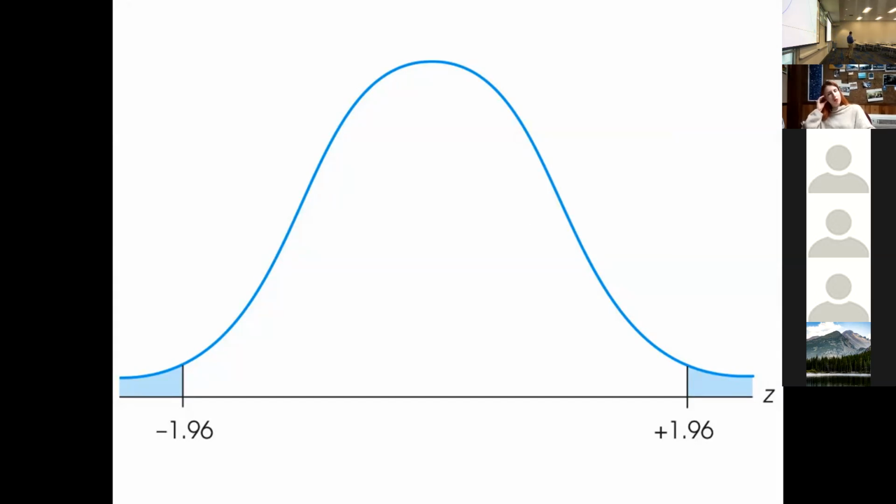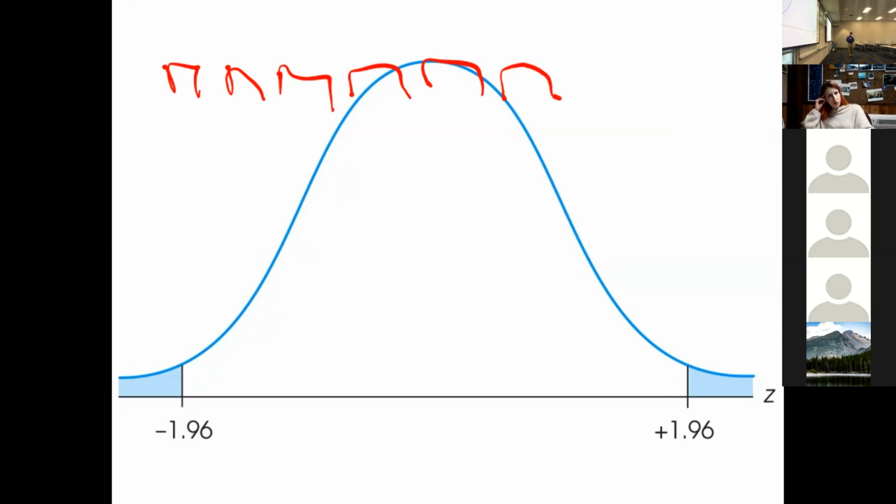So let's say we had 10 participants, and let me just draw 10 here. 1, 2, 3, 4, 5, 6, 7, 8, 9, 10. And now let me go ahead and fill them in. So we have 5 for condition A and 5 for condition B.